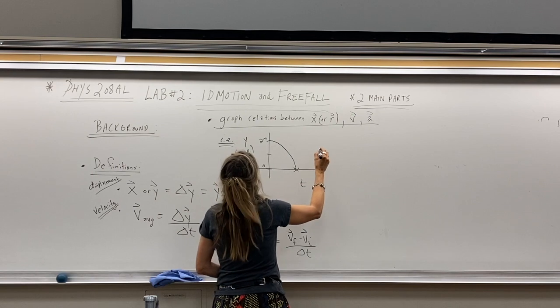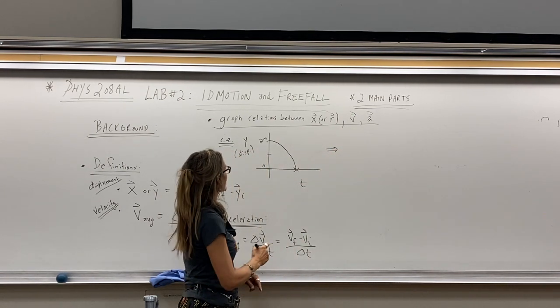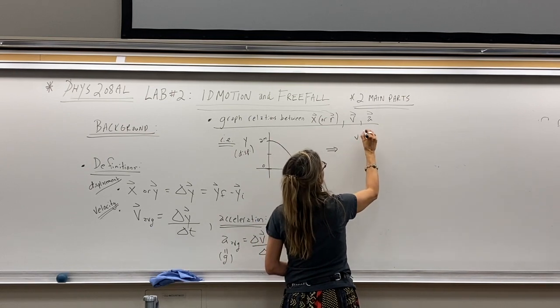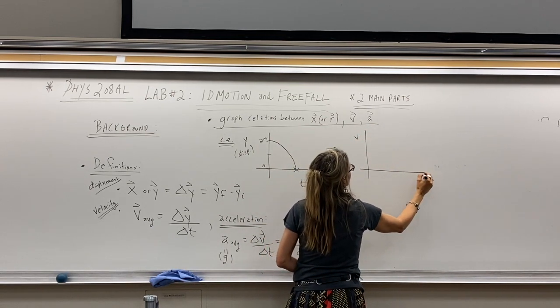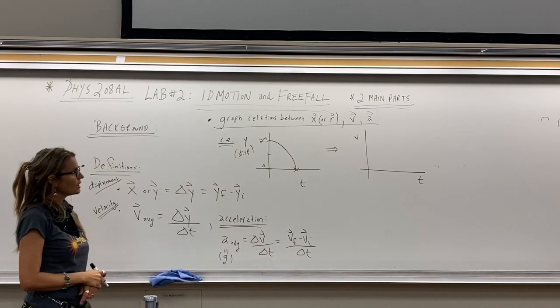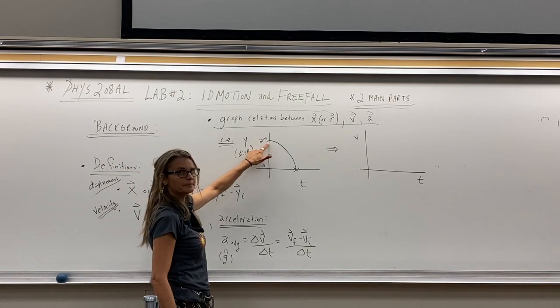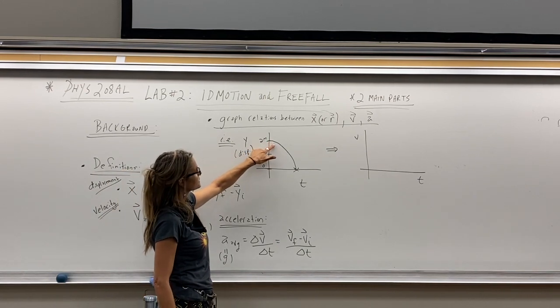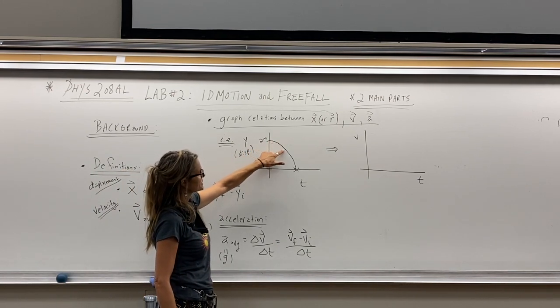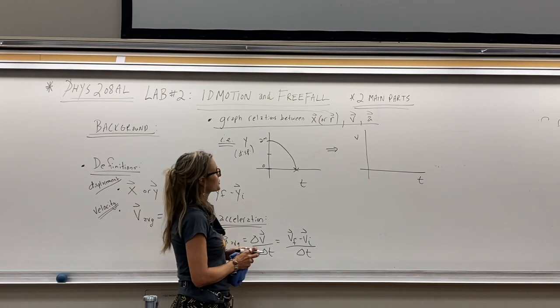Now what would that look like in terms of velocity versus time? If I take a velocity versus time graph, I'm not going to put units in for ease. What would that look like? Well, the velocity is changing. If we take all our delta y's over delta t's, we would get this next curve.